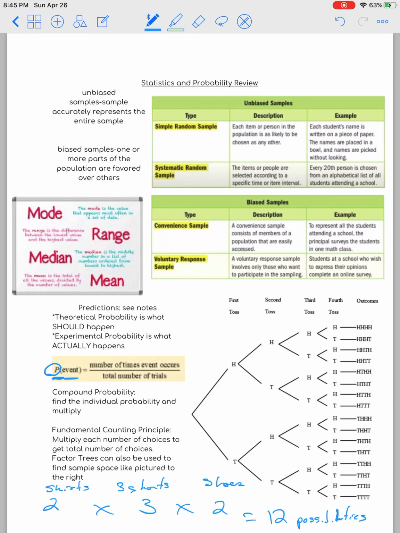And lastly, we got the factor tree. It can also be used to find a sample space, like pictured to the right. The problem with factor trees is, as you can tell, they get pretty crowded. And if you don't start drawing them off correctly, you're going to run out of room, or you're going to cram it all in there and you can't see your data.